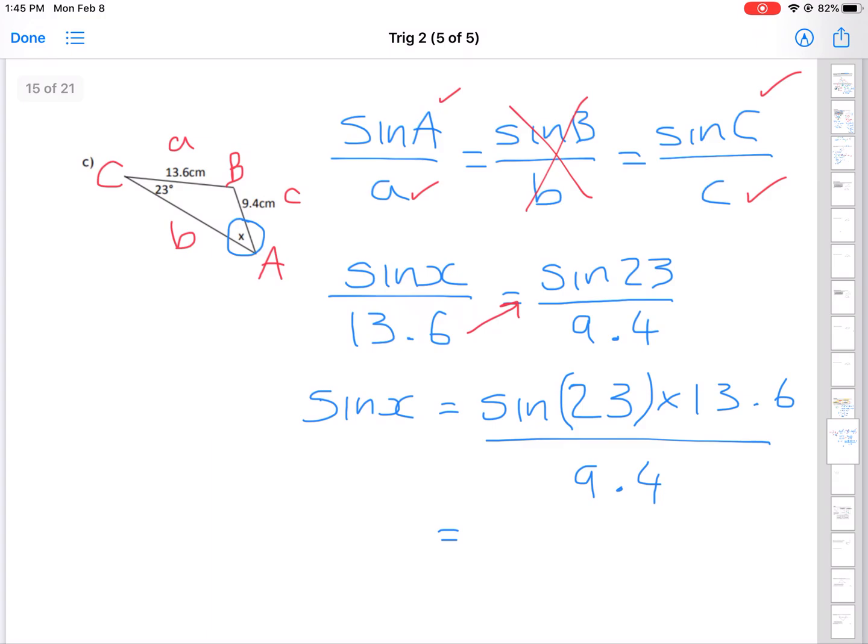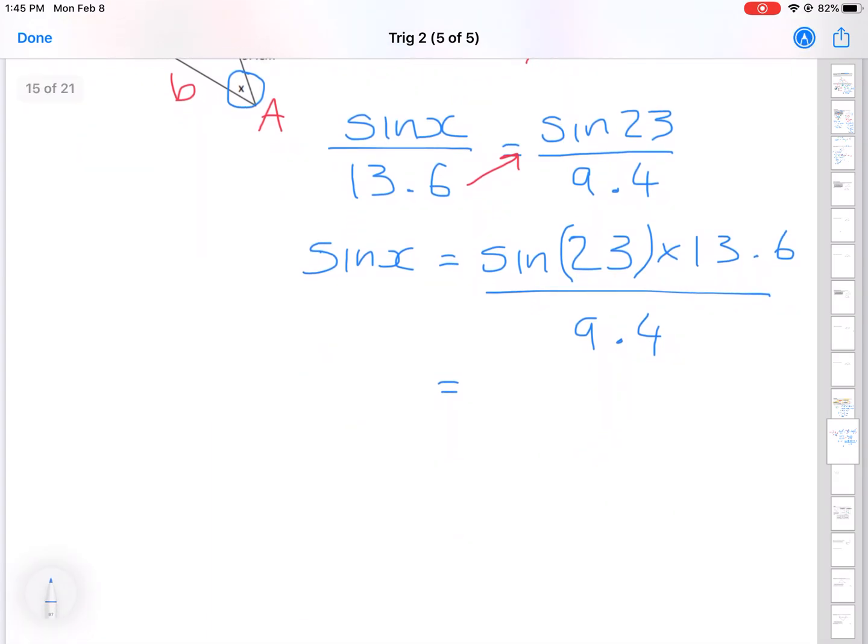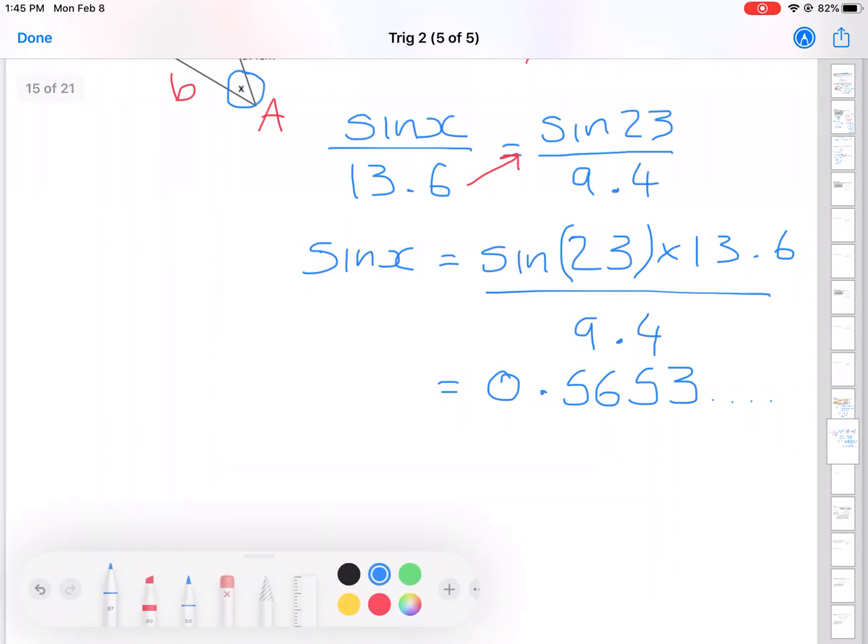Okay, so into the calculator we will go, sine 23, close the bracket if it's got a bracket on it, remember, that way we can make sure that it's sine 23 rather than sine and in brackets 23 times 13.6. So sine 23 times that term by 13.6, hit equals, divide by 9.4, and we end up with 0.5653. Again, I'll keep that number in the calculator just for more accuracy.